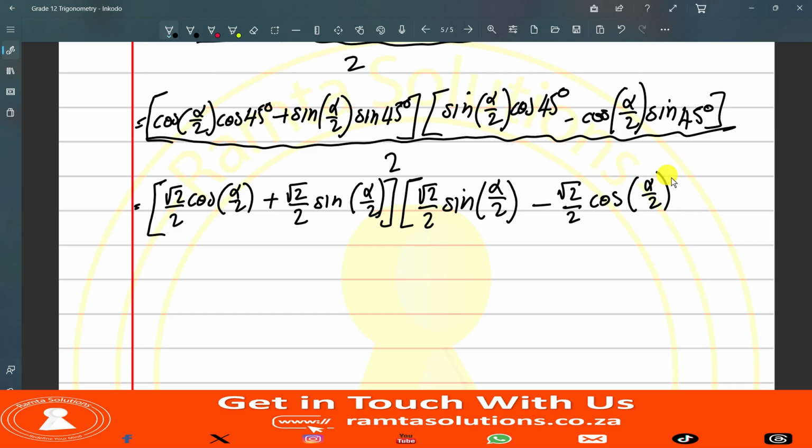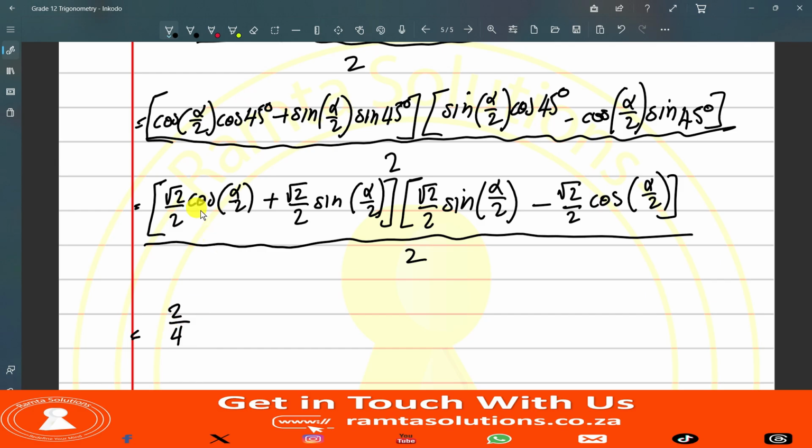All over 2. Common factor? Okay, no, sorry, FOIL method, not common factor. Common factor would have worked as well. FOIL method: root 2 times root 2 is 2, 2 times 2 is 4.